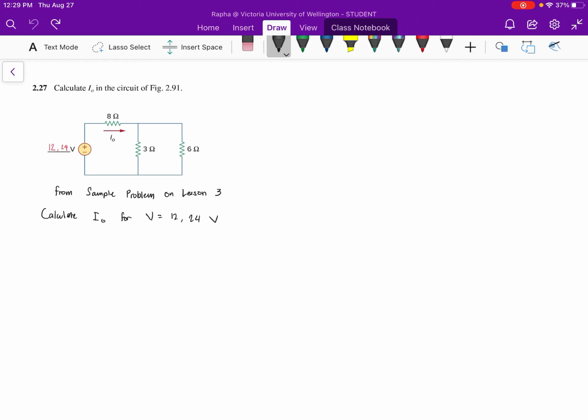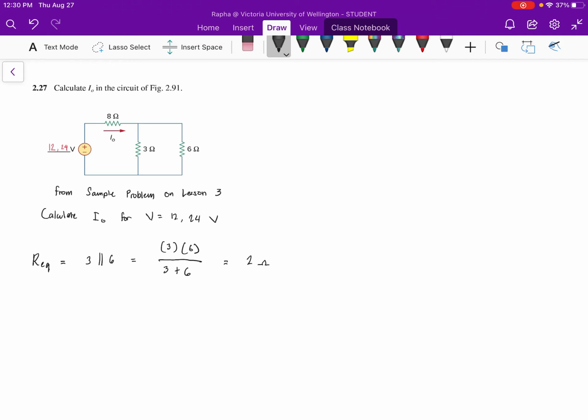First off, we need to simplify the resistor network. Let's write Req, the equivalent resistor, first by adding the parallel resistors 3 ohms and 6 ohms. We have learned how to do this solution, and this will be equal to 2 ohms.